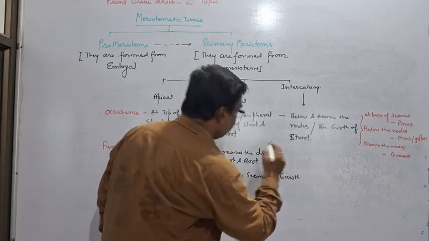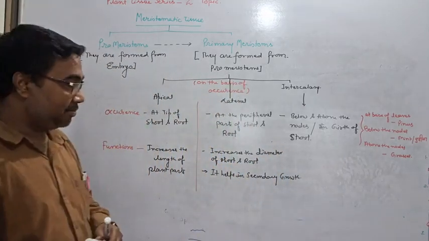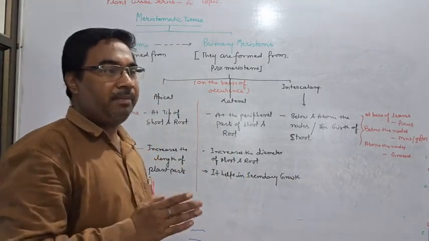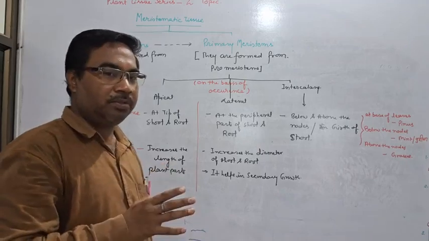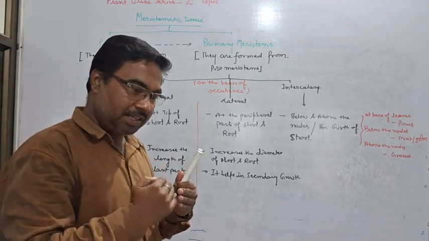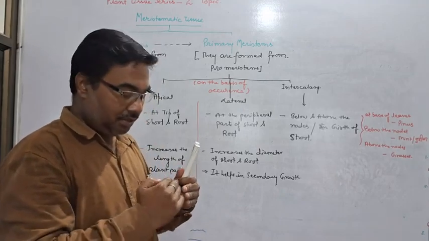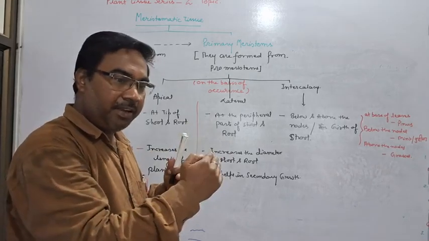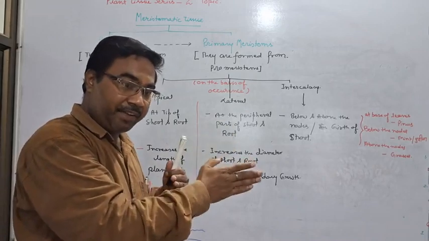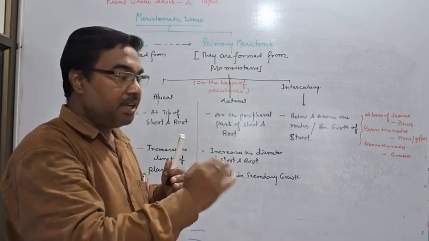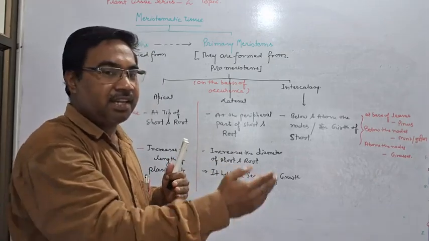Secondary growth, you may confuse, so let it be clear. Primary growth and secondary growth. Primary growth is the growth which takes place first of all. That means when the cell is born, it gets elongated. After some time, they may either differentiate into a particular cell or undergo cell division. If they divide, again the life cycle is set.